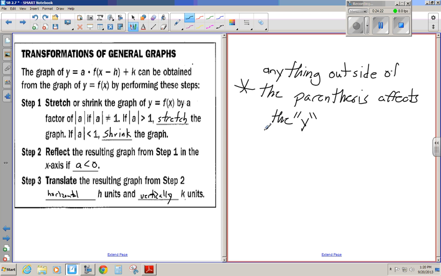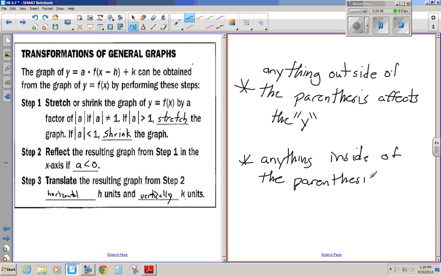So whether you're multiplying, subtracting, dividing, whatever you do, whatever happens outside the parentheses affects the y. And then anything inside of the parentheses affects the x's.